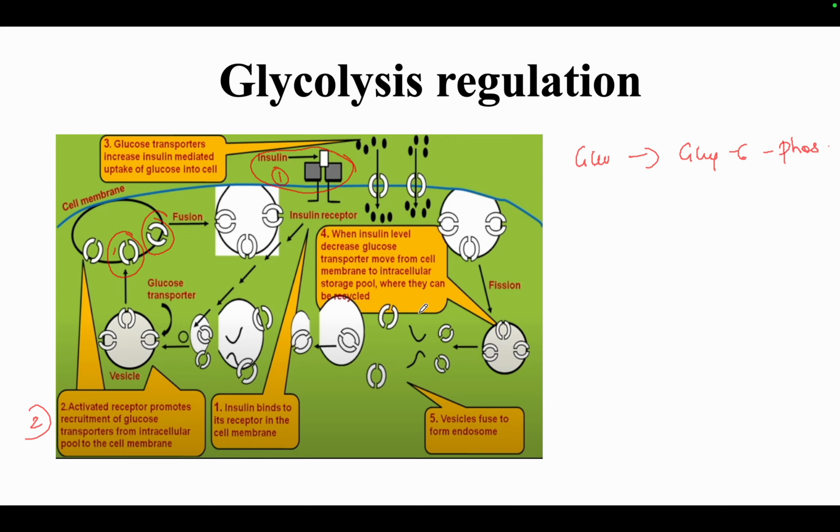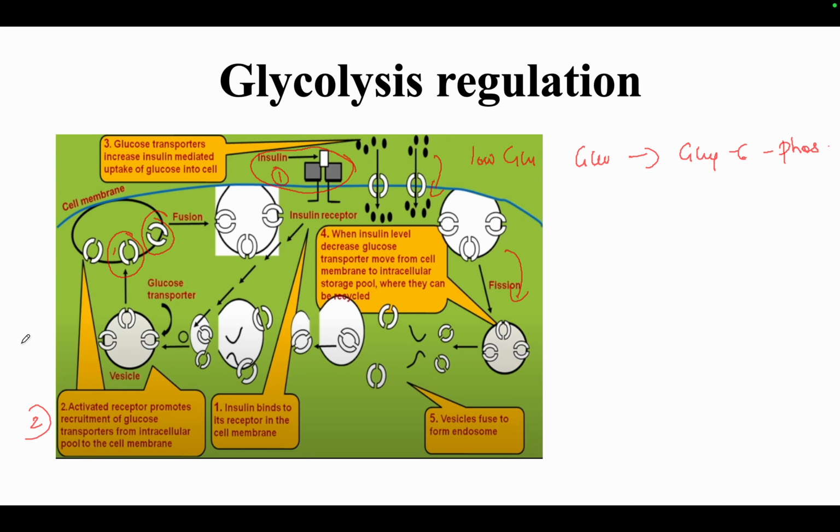And once it has entered, what will happen? Once the levels of glucose outside are low, all the glucose has now been taken up inside. Now the level of glucose is low extracellularly, so the insulin level will decrease, and the transporters will come back intracellularly and be recycled.